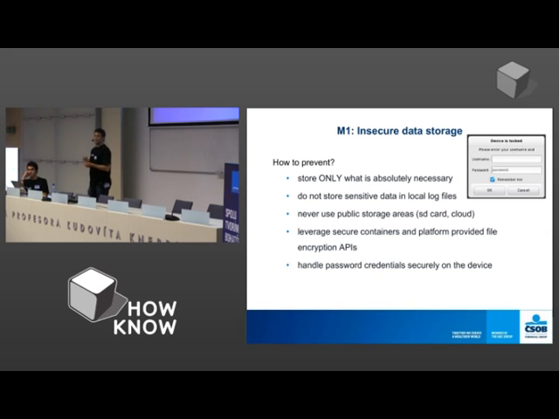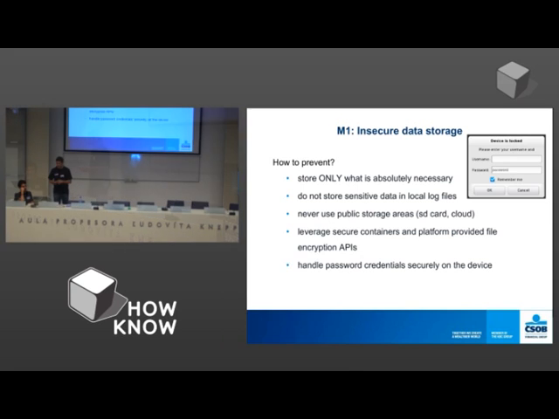But even more important, do not store anything at all. Only store data on a local device when you really cannot avoid it. So definitely do not store sensitive data in local log files. And a lot of developers do this. System logs where they store debug info. That's really not what you want to do.